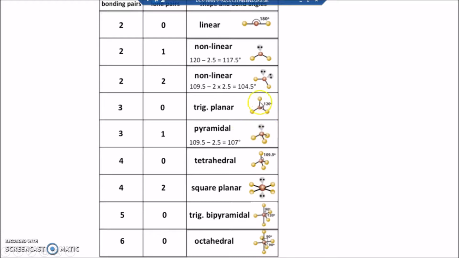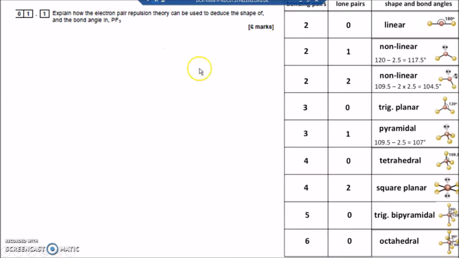And then you can get other ones as well, so non-linear, so something with, say for example, 4 electrons in its outer shell bonding to 2 other atoms, then would end up with this kind of shape. And in that case you would have something like trigonal planar, but one of the bonding pairs is replaced by a lone pair, and so instead of 120 you subtract 2.5 and it comes out as 117.5, and that's called V-shaped again, or bent. Let's have a look at the actual question then now.